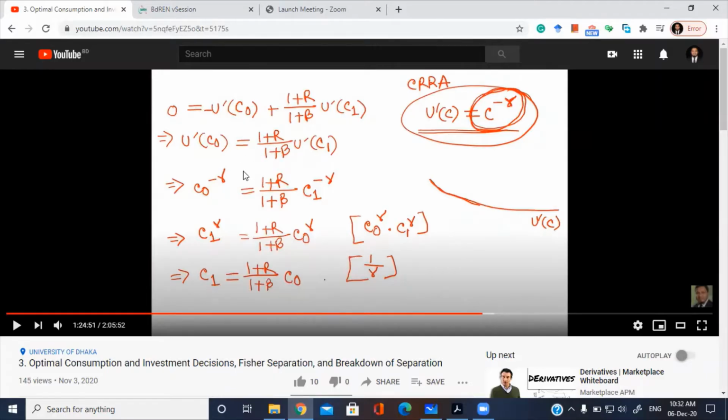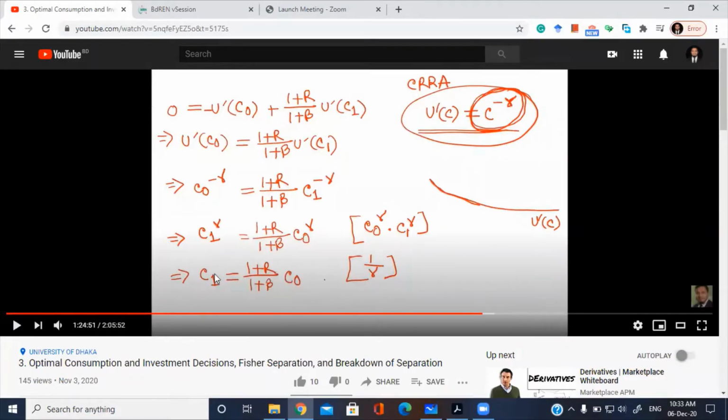Based on this first order condition equation, we can come up with the optimal consumption in current period and optimal consumption in future period, and we can also see the relationship between the optimal current consumption and optimal future consumption.